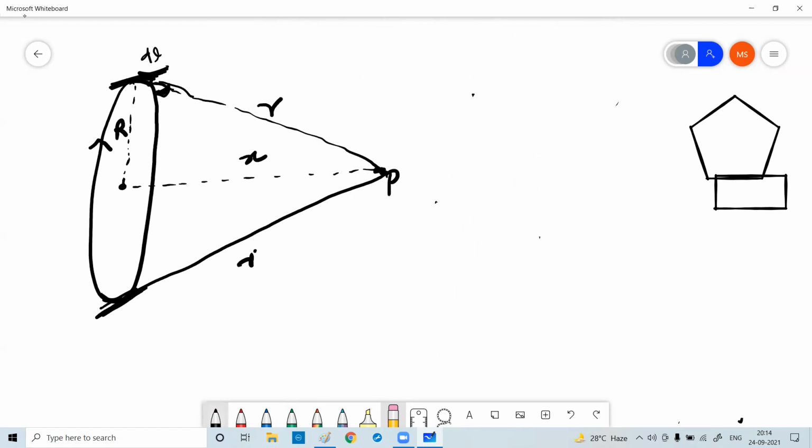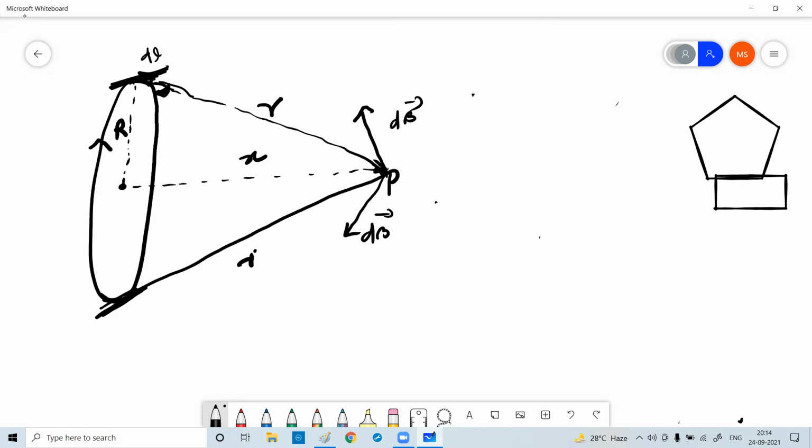So the magnetic field which you will get will be perpendicular to the R, and this magnetic field will be in this direction. Why?